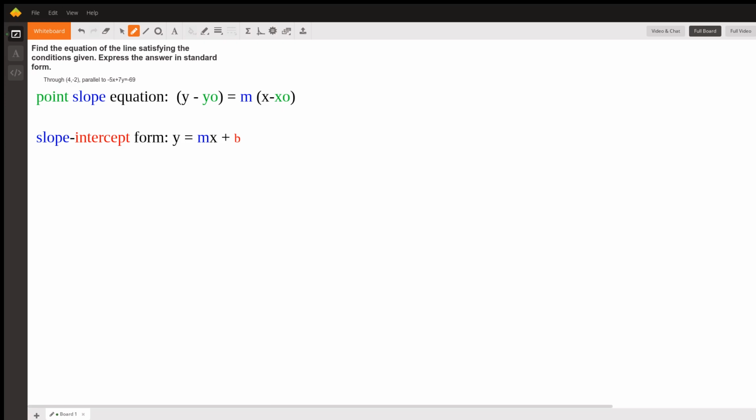The point-slope equation is named that because we can take an ordered pair, a single point, which I here color-coded in green, and we can plug this into this equation along with the slope, which is color-coded in blue, and we'll have a linear form of our equation.